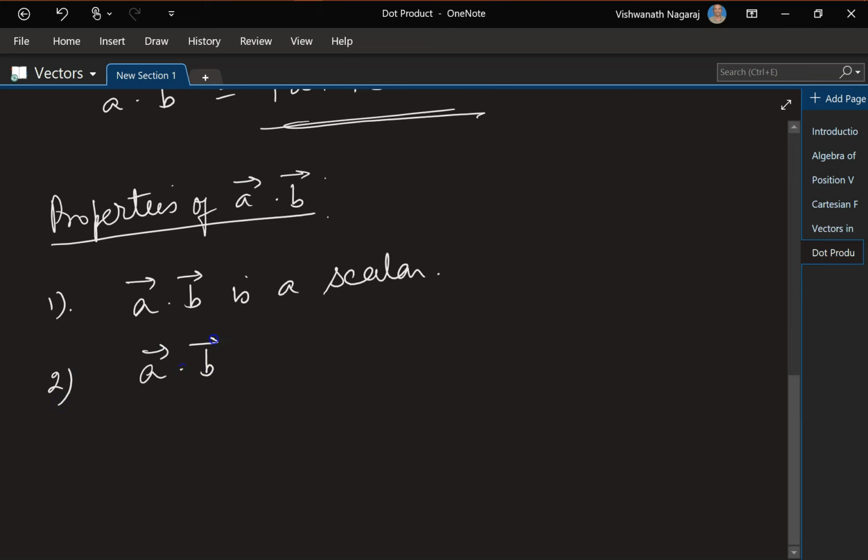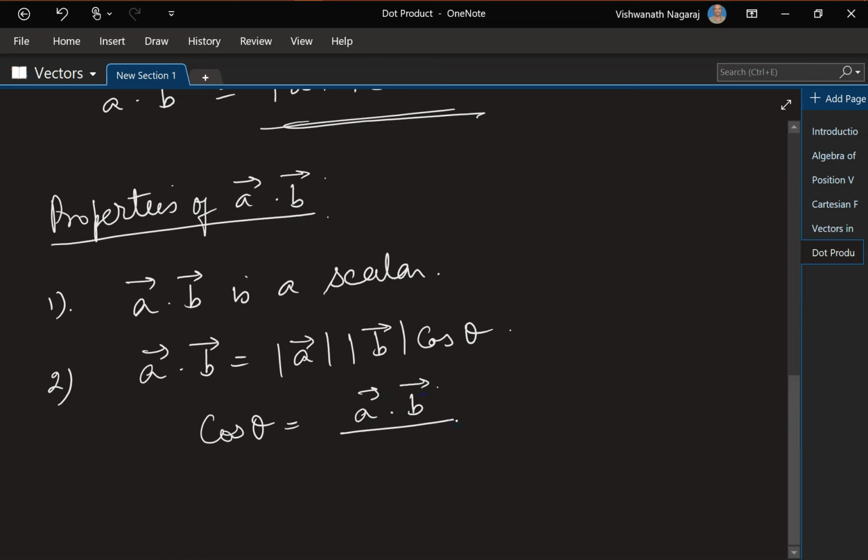Now we know A dot B is equal to magnitude of A, magnitude of B, cos theta, or in other words, cos theta, that is the angle between the two vectors, would be the dot product divided by magnitude of A and magnitude of B.